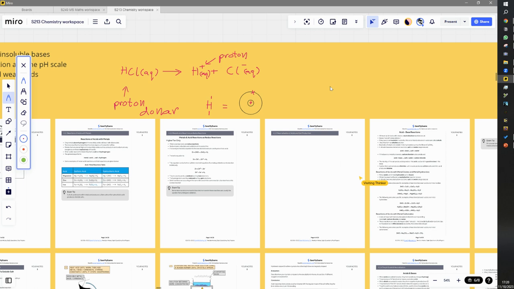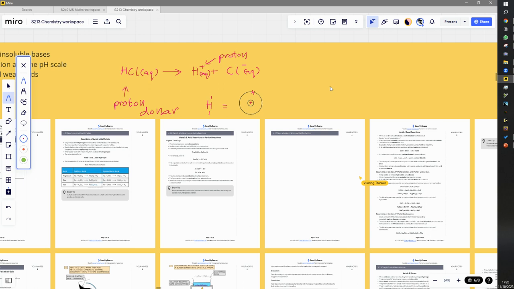The reason for that is, and this bit is beyond GCSE, so I won't go into too much detail, but it really means the concentration. We're really talking about the concentration of these protons within the acid. So if there is a high concentration of protons in the solution, then we have a low pH.